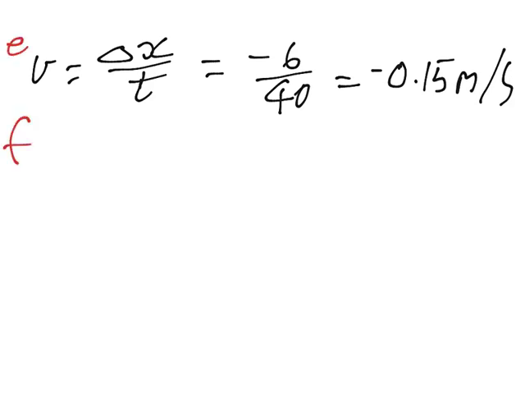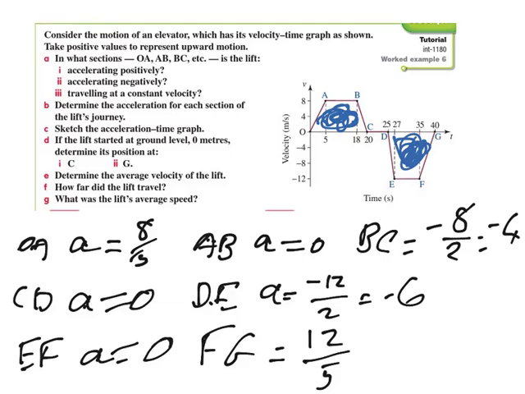Part F is asking for how far, that's the distance. So the distance, we don't take into account the negative here. That's displacement. That negative tells us the direction. So it tells us it's gone this much that way and then it's gone that much there.